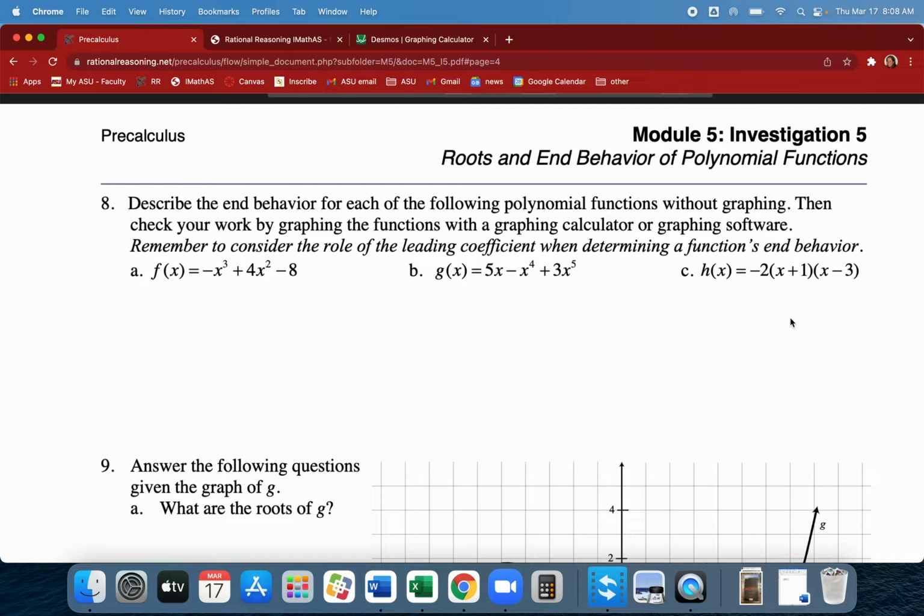So whatever else that means, it opens down, goes through 6 on the y-axis, and we know where the x-intercepts are, because it's a parabola in factored form. So no fancy work on this one.